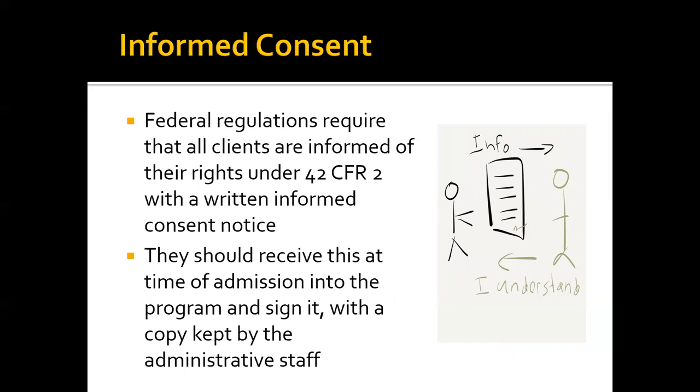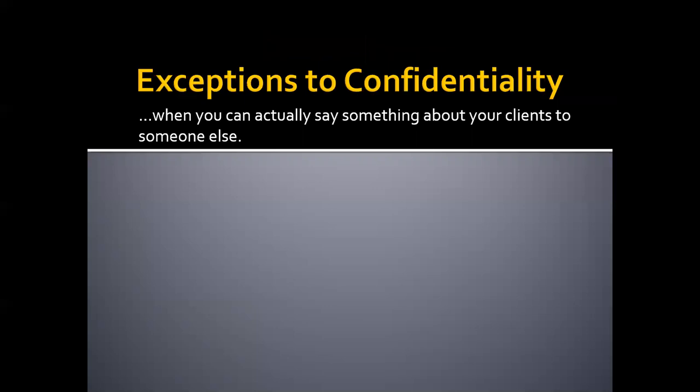So in other words, the law requires that you tell the clients, I cannot disclose any information about you without a written consent, except in some exceptions. They need to be fully informed about what their confidentiality rights are. And federal law states then that they should sign acknowledgement that they have been informed about their confidentiality rights with a copy kept on file.